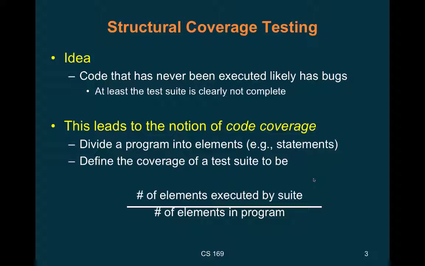And then at the very end, you compute this metric, which is a percentage, number of the elements executed during testing divided by the number of elements in the program. And if you get to 100%, then according to this definition of an element, you have 100% coverage. Okay? And most of what we'll be doing is looking at different kinds of elements.